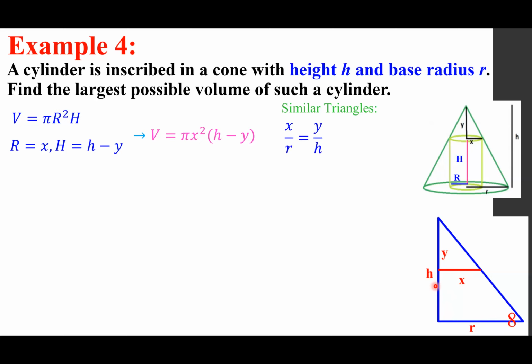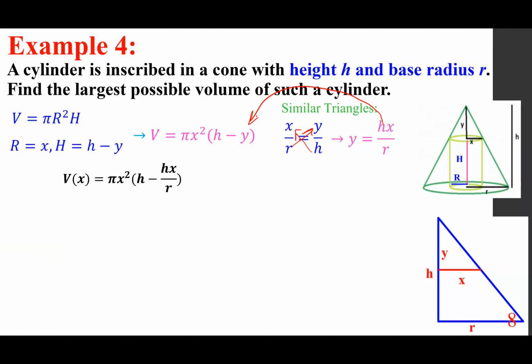Now, in this, we want to use one of those variables. V is a function of x and y, but if we solve for y, which is x times h divided by r, I'm assuming everybody knows this is a cross product. And we are going to replace this and make it a function of x.